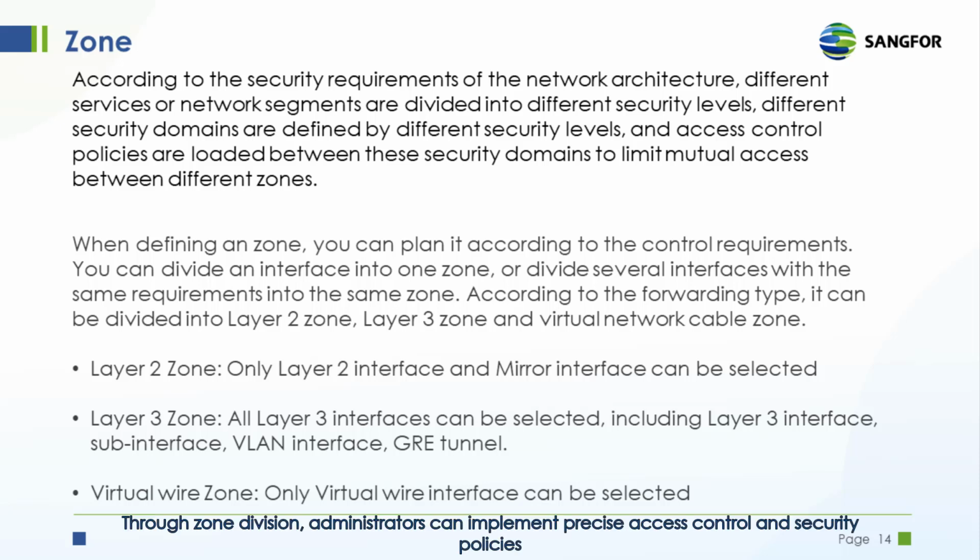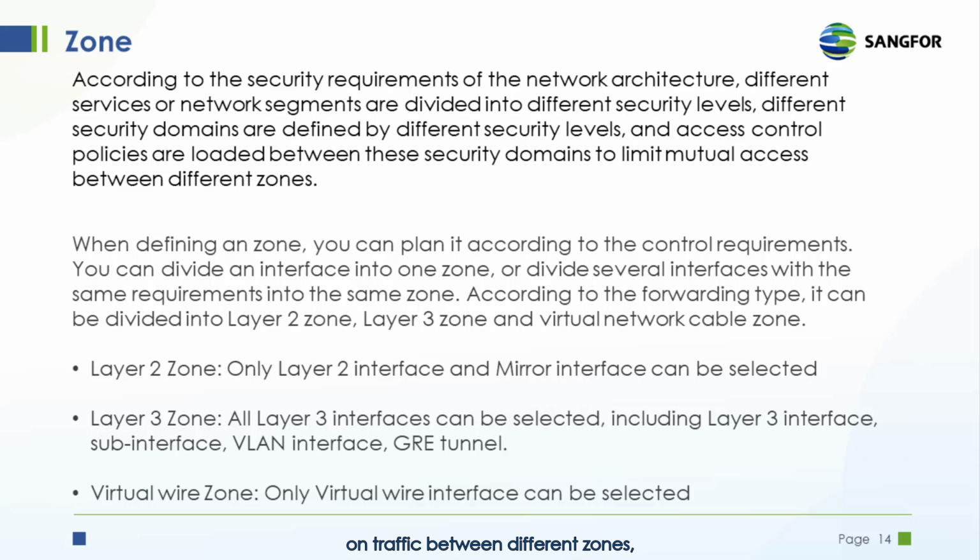Through zone division, administrators can implement precise access control and security policies on traffic between different zones, thereby effectively managing and protecting the network. For the Layer 2 zone, only the Layer 2 interface and mirror interface are supported.